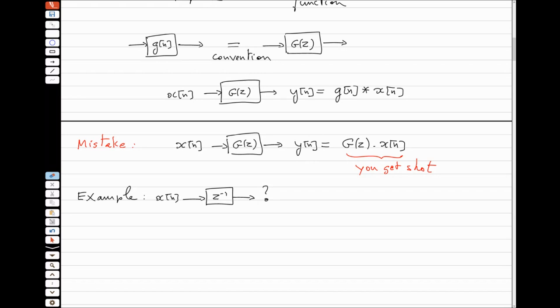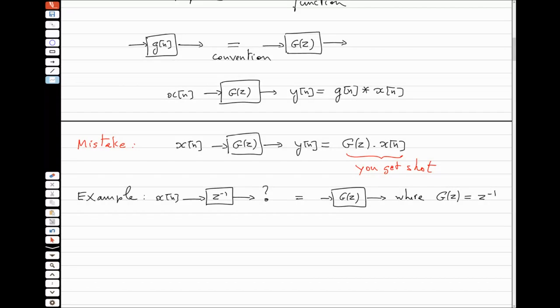So, okay, I repeat. You want to look at this as g of z equals z to the minus 1. So this is the same thing as g of z, where g of z is z to the minus 1.